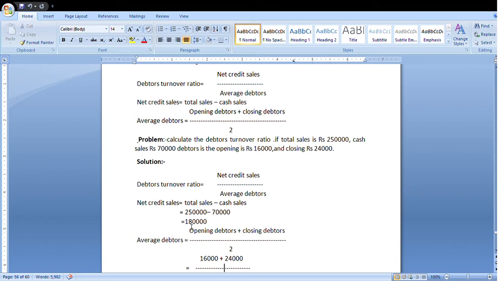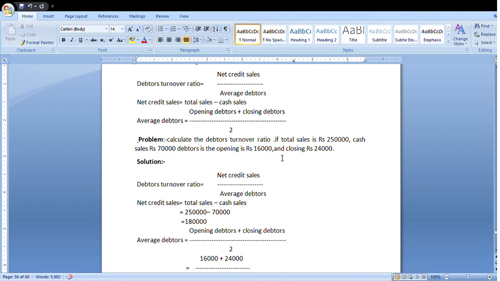Net credit sales is also 1,80,000. Next, average debtors. For that purpose you also use a formula: opening debtors plus closing debtors by 2. Opening debtors in the problem are 60,000.